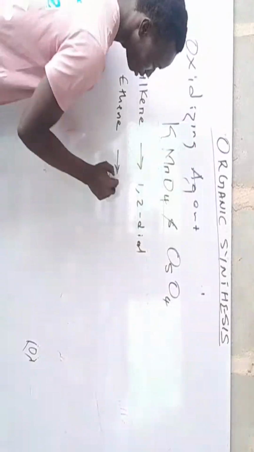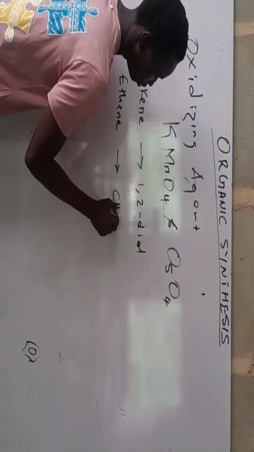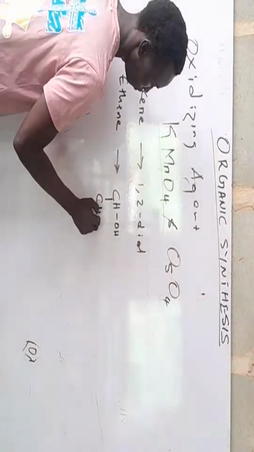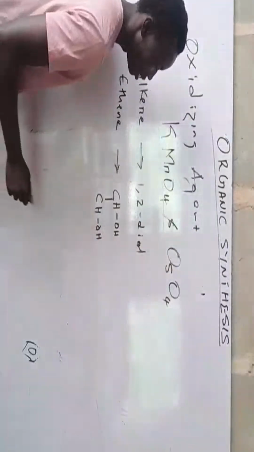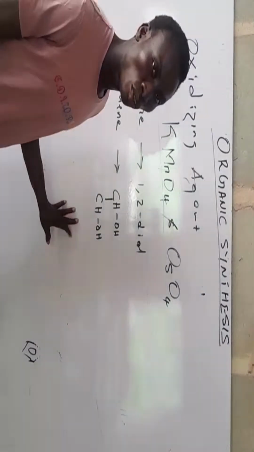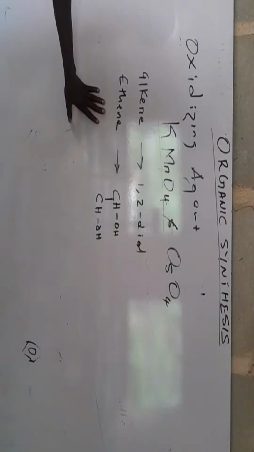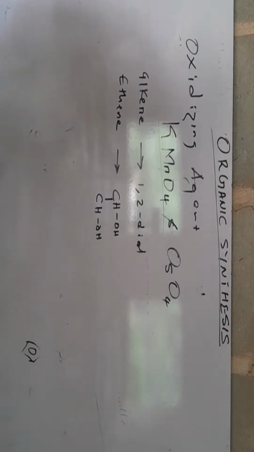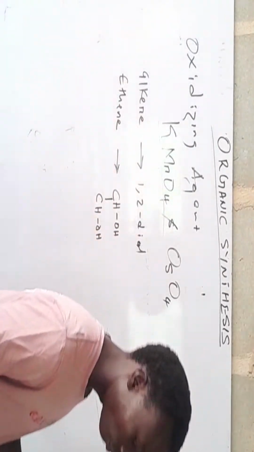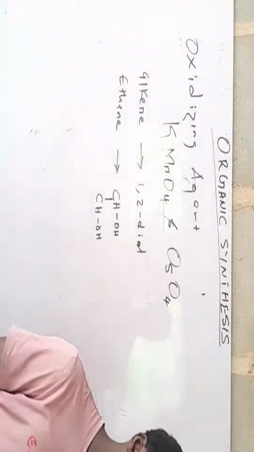We are going to have CH2OH followed by CH2OH. Now, this one that we're actually seeing in this place is called ethane-1,2-diol, coming from the ethene. Which agent do we use there as a good oxidizing agent? We utilize KMnO4, or we make use of what we call osmium tetraoxide.